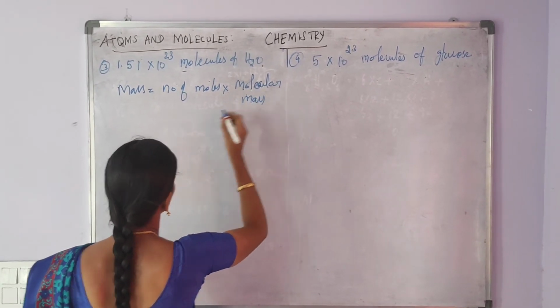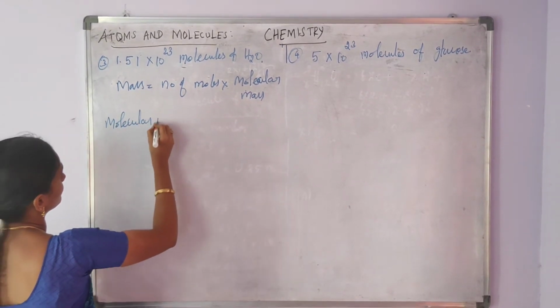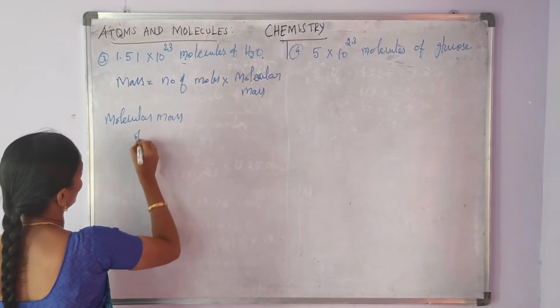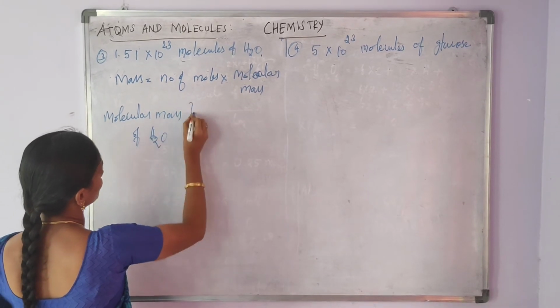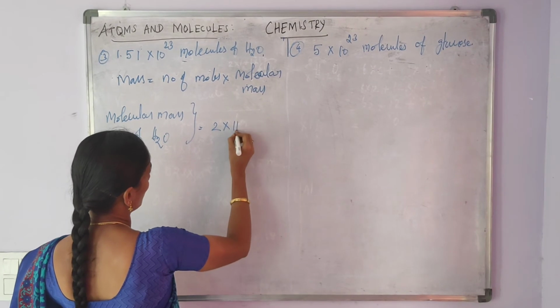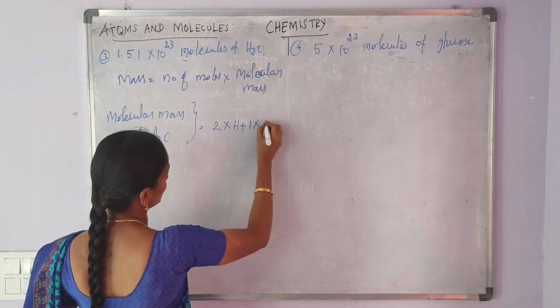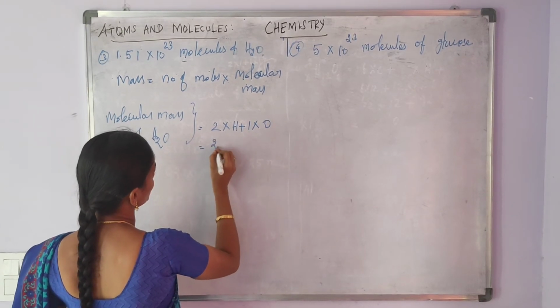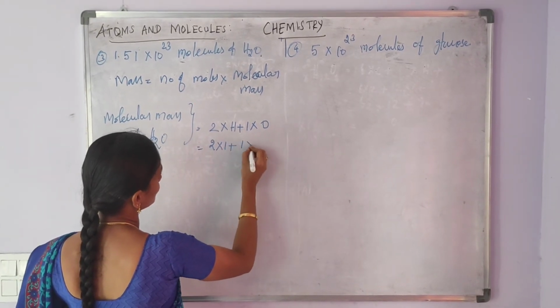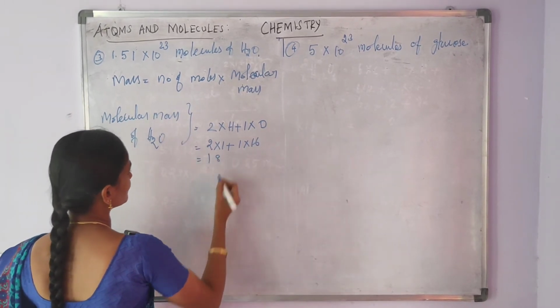Molecular mass of the water is equal to presence of 2 hydrogen atoms in the water molecule, 2 into H plus 1 oxygen atom, 1 into O. So, 2 into 1 plus 1 into 16. Molecular mass of the water is 18.